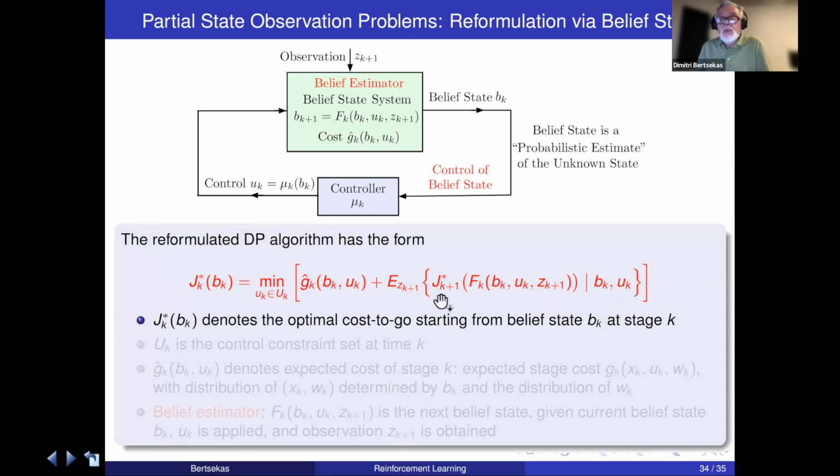In practical problems, the conditional probability distribution of z_{k+1} is given as a function of the original state of the system and u_k. But you can calculate this conditional probability by using this belief state. It's a matter of probabilistic calculation.